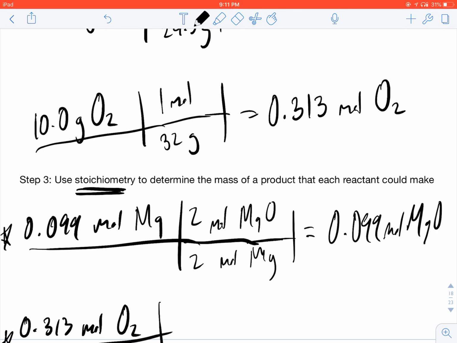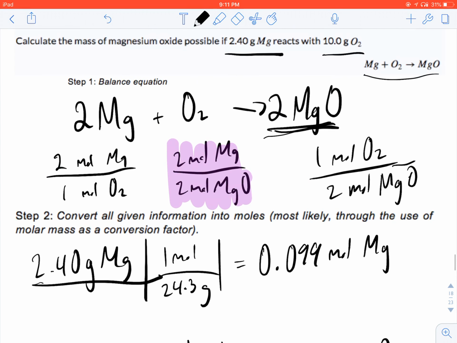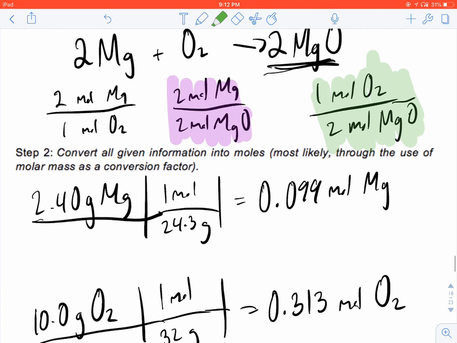All right. Now, same thing for this second part. We're going to assume we have enough magnesium and say, well, how much magnesium oxide can we make if we have 0.313 moles of oxygen? Oops, that's not right. I meant to use this one. So this is the wonderful mole ratio we're going to use here.